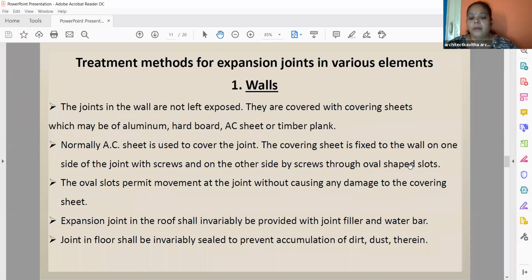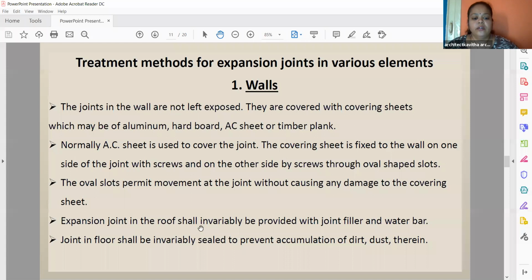Oval shape, what happens? It will let the movement of that cover. So if there is any movement in the building, that oval shaped slot will allow the screw to move or allow the sheet to move, so that it will have less stress on the buildings. So the oval slot permits movement at the joints without causing any damage to the covering.